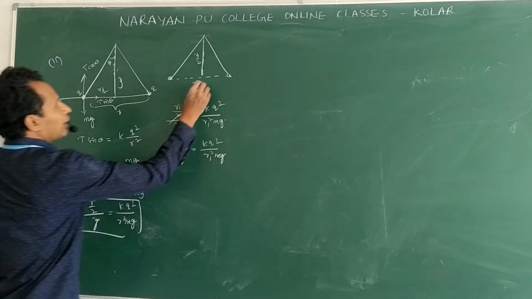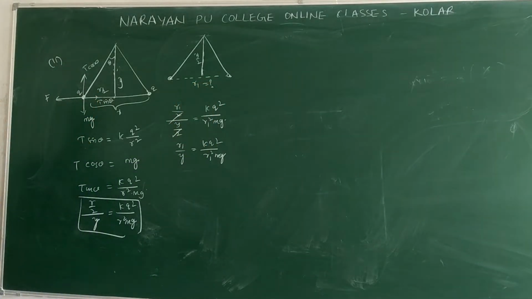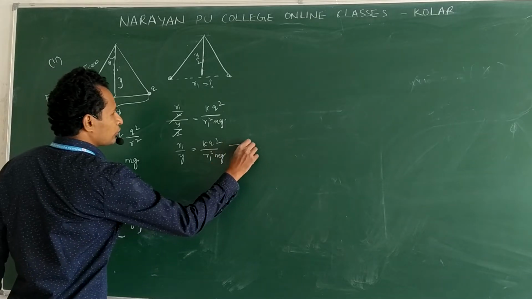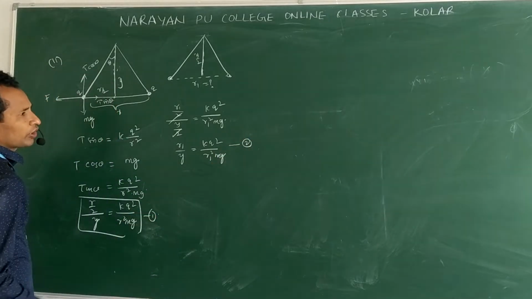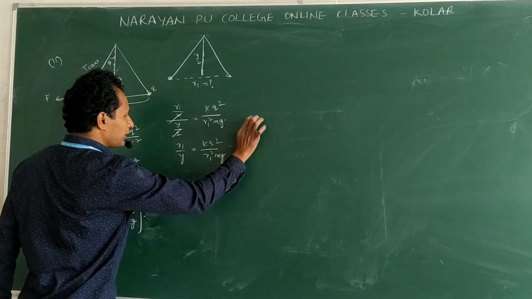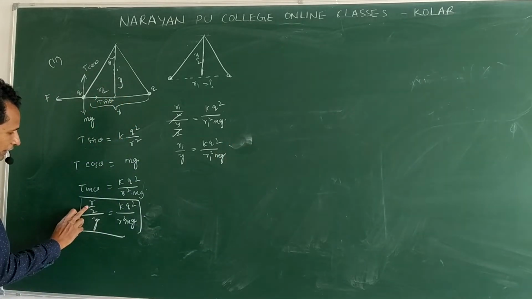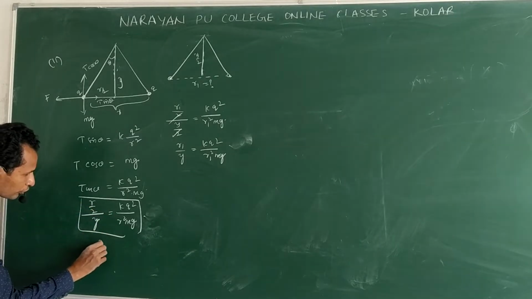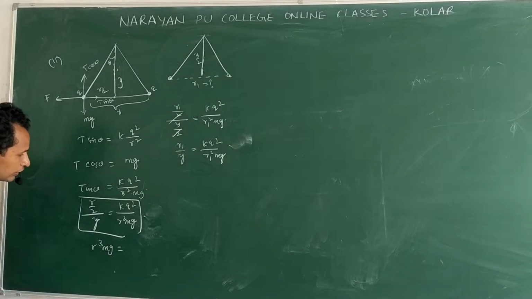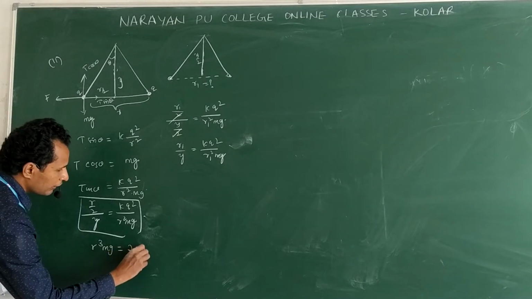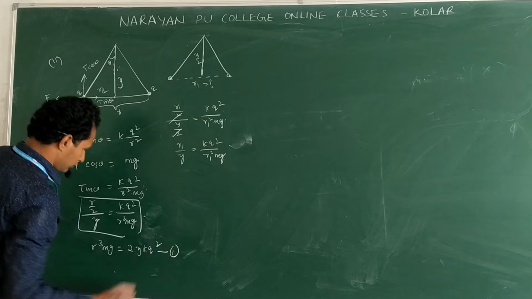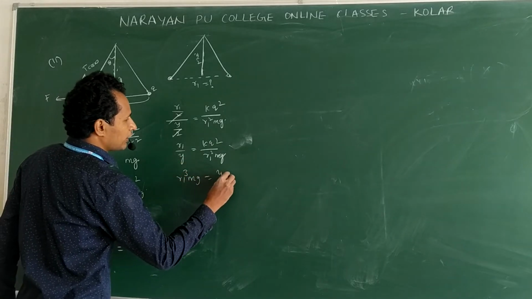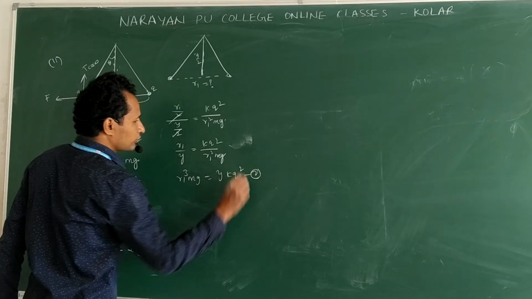They are asking r1. So what do we do? Divide. This is equation 2, this is equation 1. Before that, we will make it simple. Make r the subject here. This will be r cube mg is equal to 2y k q square. This is equation 1. Here r1 cube mg is equal to y k q square, equation 2.